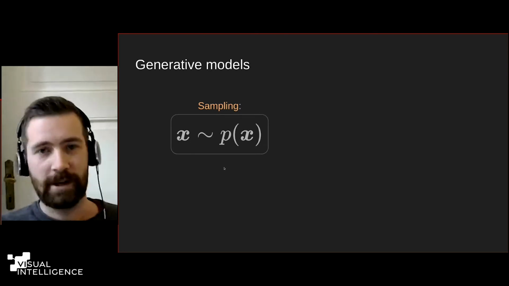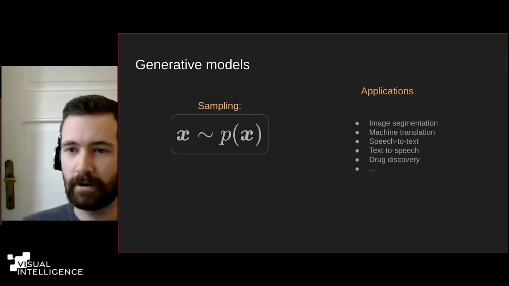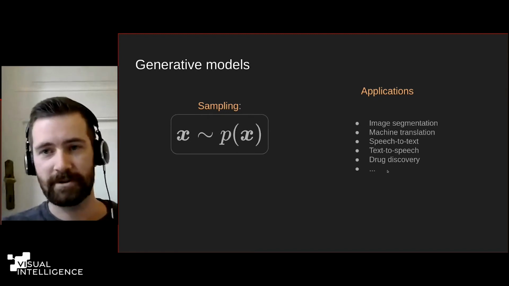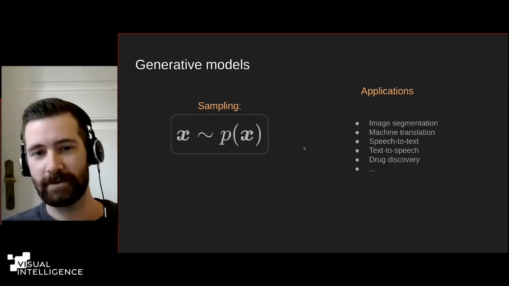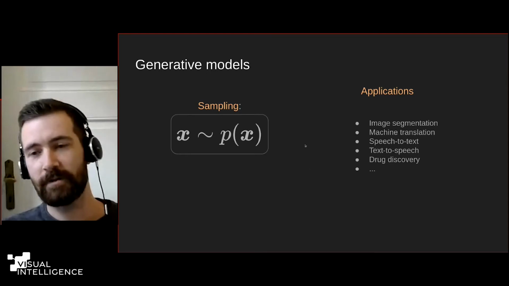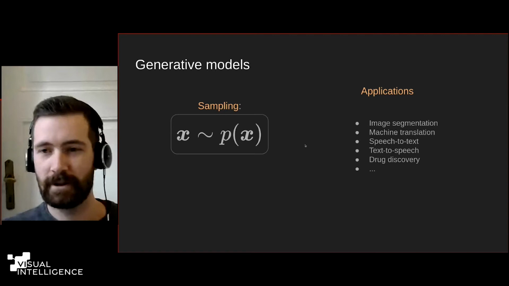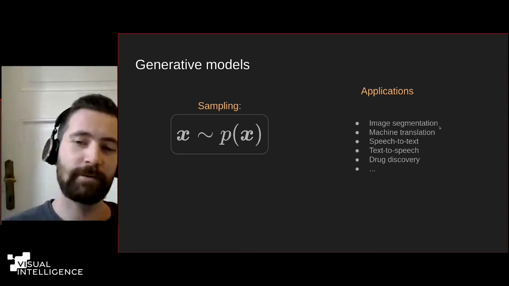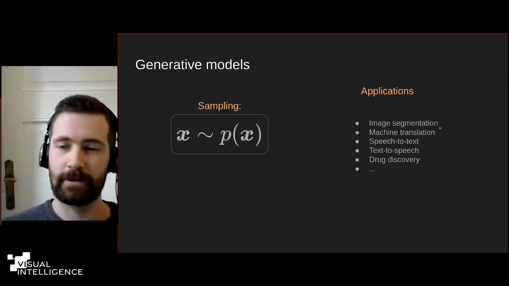There are many applications of this. Some that I could think of are image segmentation. All of these are really conditional sampling, so there's also a conditioning here. But any unconditional generative model can also be made conditional. So, image segmentation, where you condition on some image and you want to output a segmentation map.